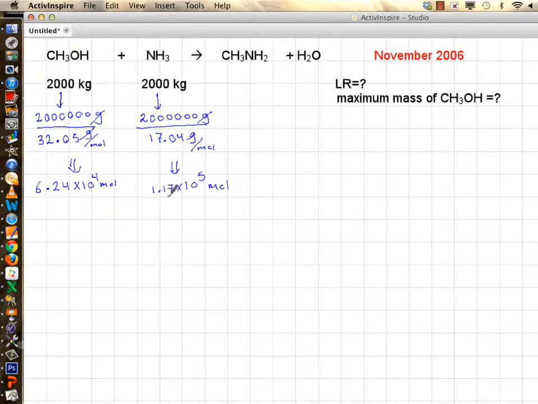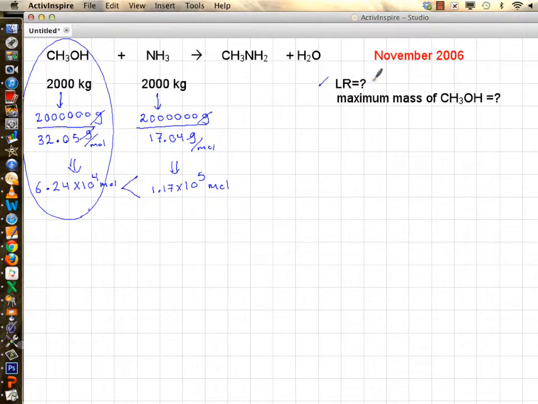Another mistake I see quite often is that it is difficult for a student to decide which one is the smaller quantity. So we divide them by their coefficients, which are 1 and 1. I don't need to show that, but 6.24 times 10 to power 4 is smaller than 1.17 times 10 to power 5. In that case, the limiting reactant is CH3OH, methanol.